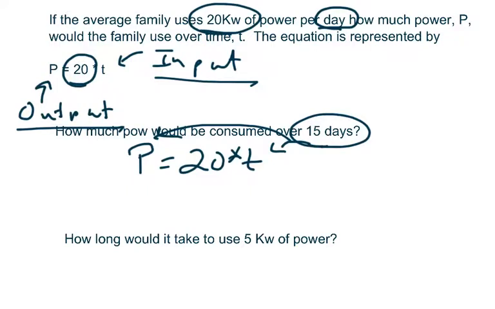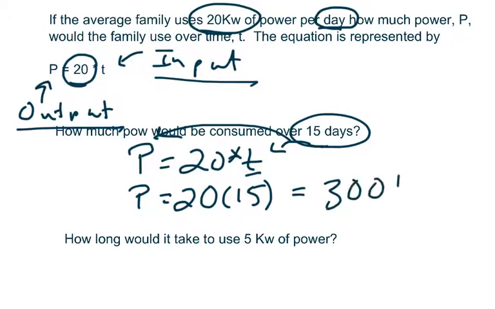Does it go into the variable P or does it go into the variable T? So take 15 seconds to see if you can decide which one it's going to be. Hopefully you said it was T. So all you have to do then is go P, because we don't know what P is yet. And you go 20 times 15. And if you multiply that together, of course, we would get 300 kilowatts. So after 15 days, we have 300 kilowatts.